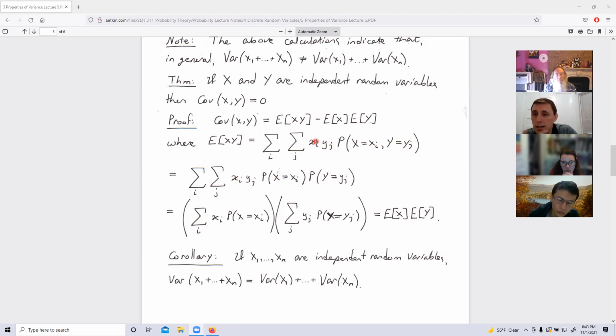In other words, xi is possible and yj is possible, but maybe they never meet. Maybe if this probability is 0, then they don't meet. But if we have independent random variables, they will always meet. There is always xi times yj. And then I can unfold, and I have this product times this product. That's the expected value of x, expected value of y.